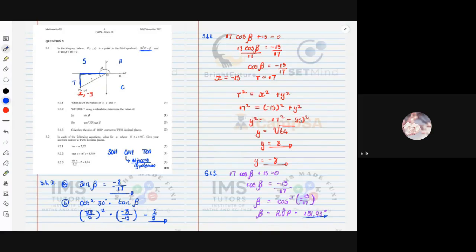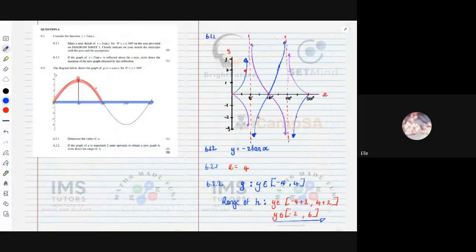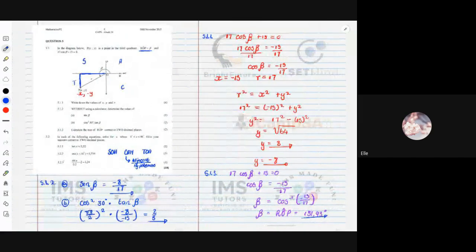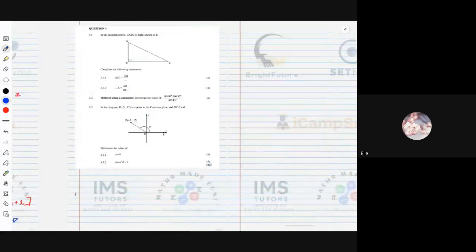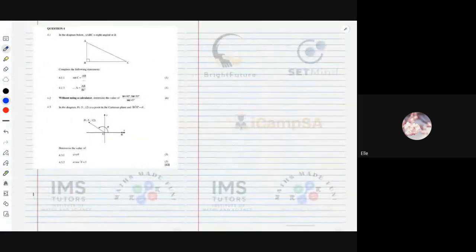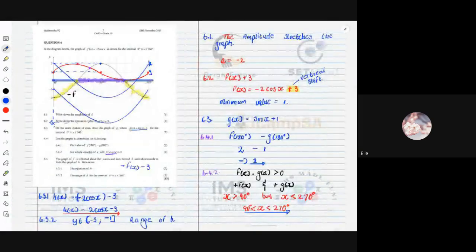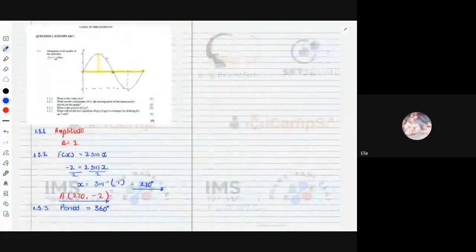Okay, and then for the last three questions, we are going to copy, solve for x, so it's basically solving for x. Because of time I can see we covered functions.